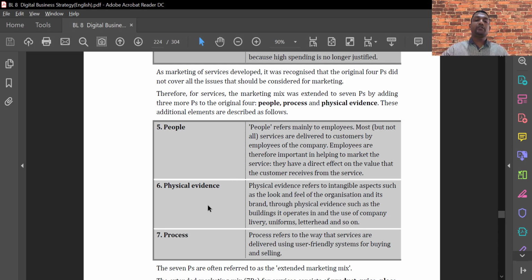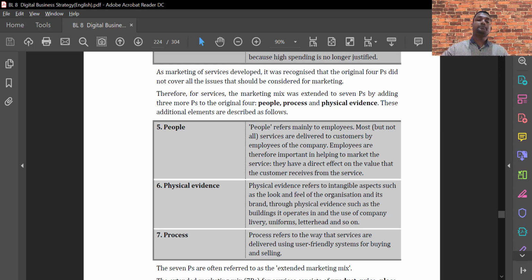And then physical evidence, because if it's a service, you need some kind of physical evidence as a customer to have a good experience and to have a good look and feel. So physical evidence is also important.